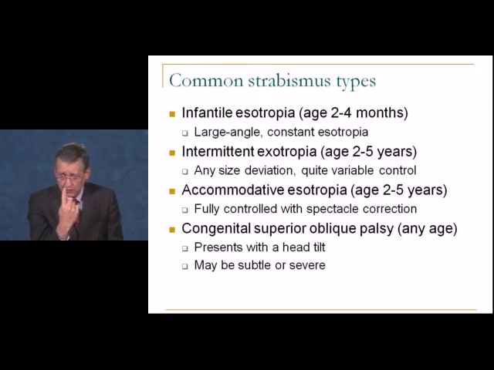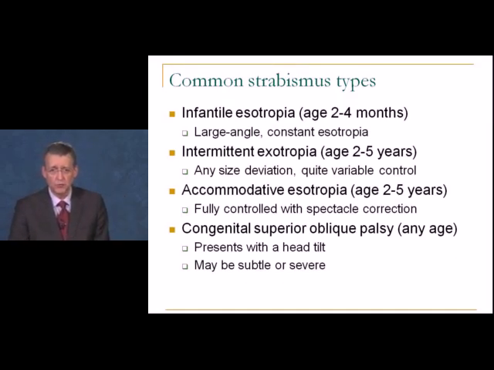But if a child is very farsighted, then he or she has to focus as if something is right here in order to see clearly all the way out across the room. And so that's going to make the eyes cross just through that effort of focusing. So accommodative esotropia sometimes magically just goes away if you put the child in glasses.